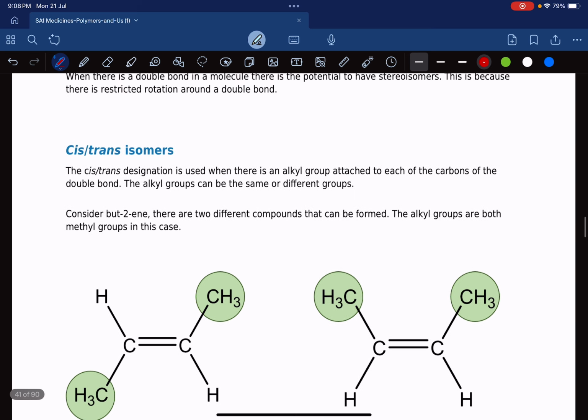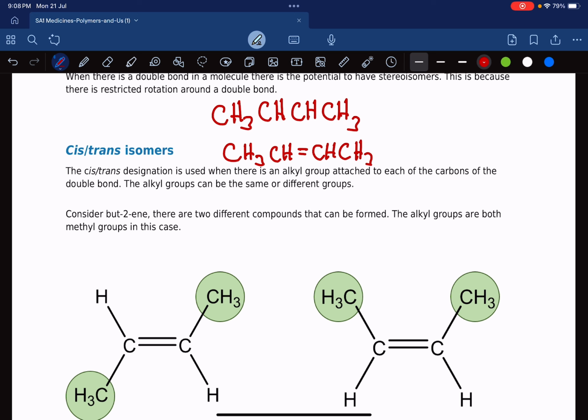If I write it as an equation, it will be CH3, CH, and then another CH, another CH3. Or if I want to put the double bond there, then I put CH3, CH, the double bond, CH, CH3. Something like this.